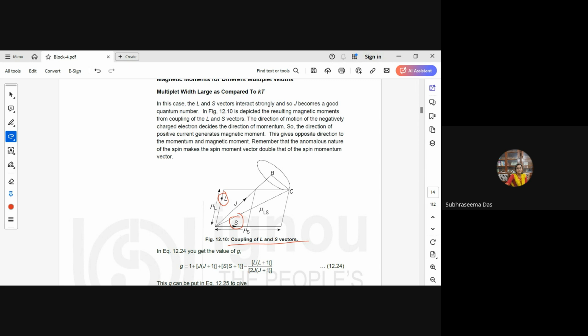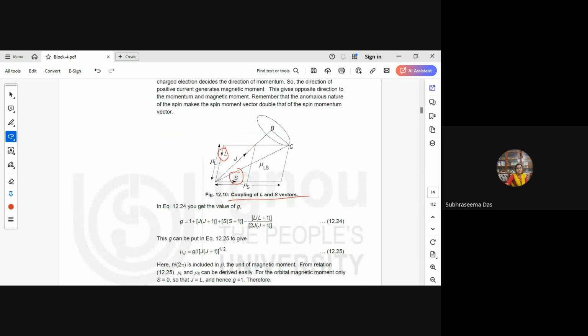In equation 12.24, we can find the value of g, given by g equals 1 plus [J(J+1) plus S(S+1) minus L(L+1)] divided by 2J(J+1).